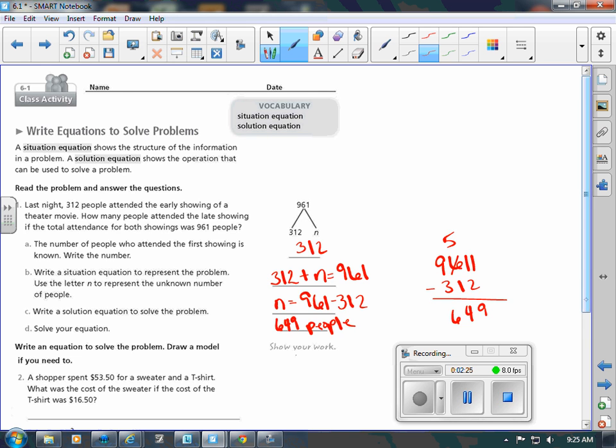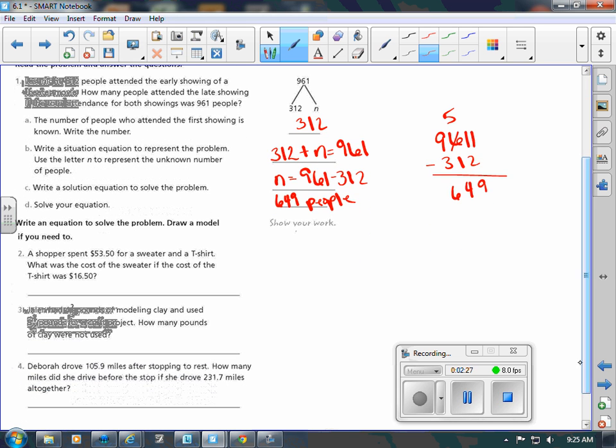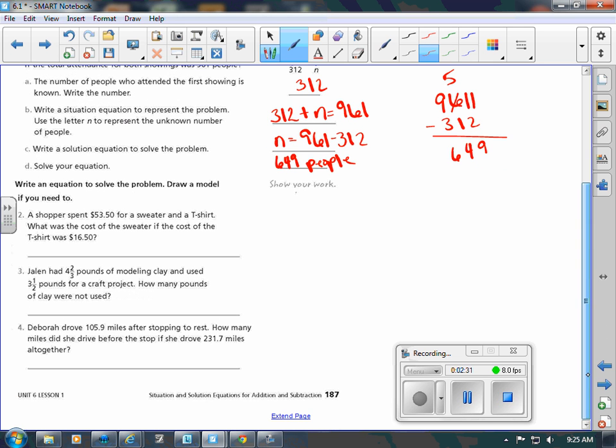All right. So we write an equation to solve the problem and draw a model if we need to for these next ones. So we're going to write those situation and solution equations. Okay. A shopper spent $53.50 for a sweater and a t-shirt. What was the cost of the sweater if the cost of the t-shirt was $16.50?